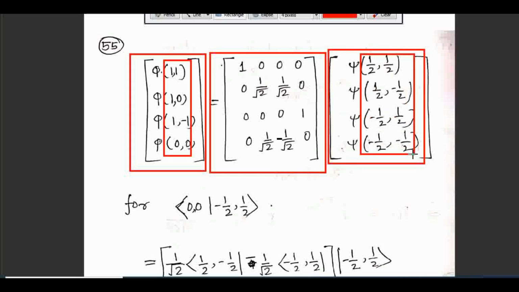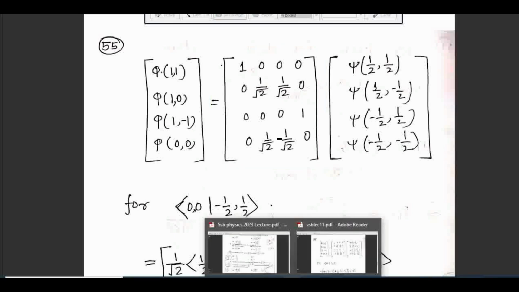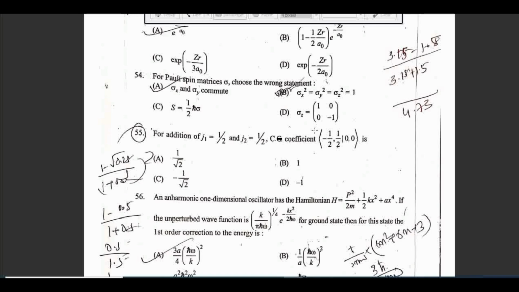My argument is that you look only at this part. This is our main thing. If you see the question again, it is asked to find this quantity. Now you see where this term can be calculated.